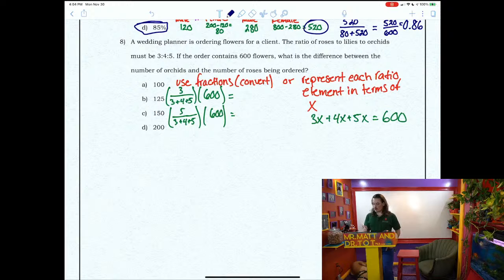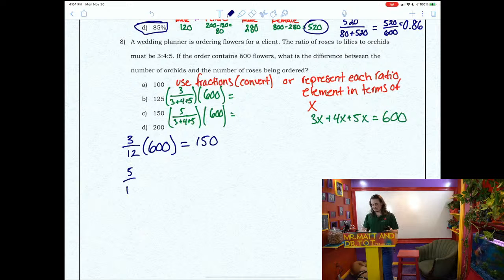So you can turn them into fractions. So this is going to be 3/12 times 600. 3/12 is, of course, 1/4. And so that's going to be 150 roses. 5/12 times 600 is 250.